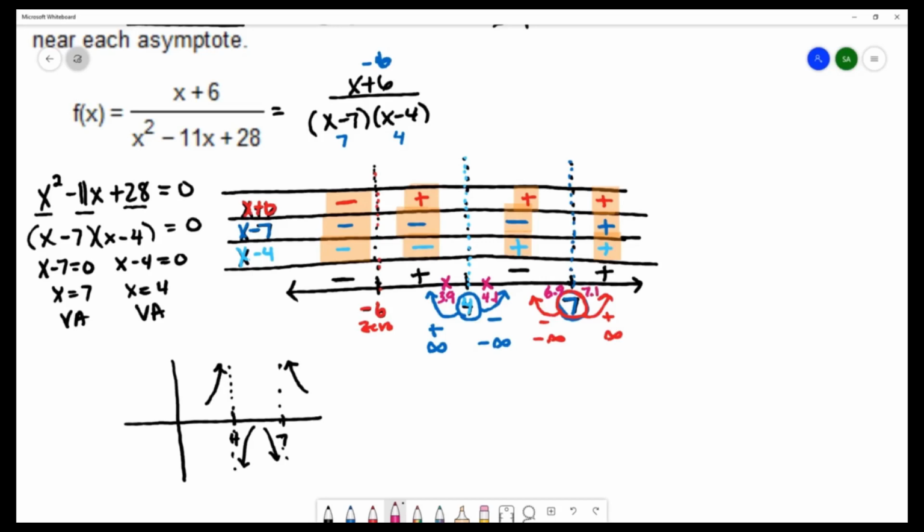And if we substitute these values into our original function, we should get the sign as well. So we can substitute f of 3.9. Let's get our calculator out to make this more convenient.